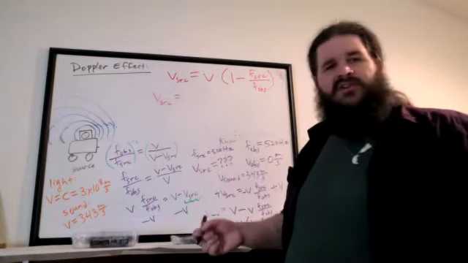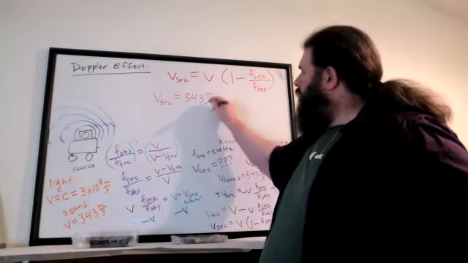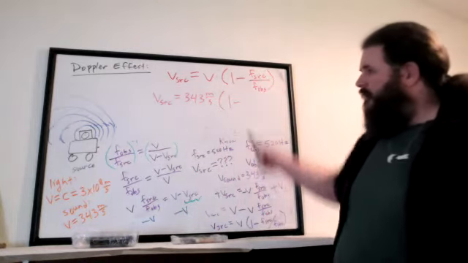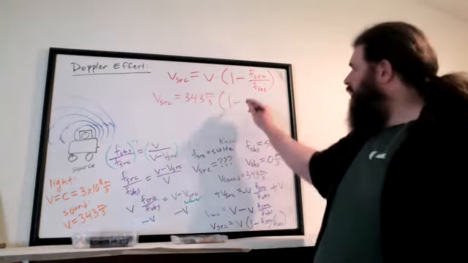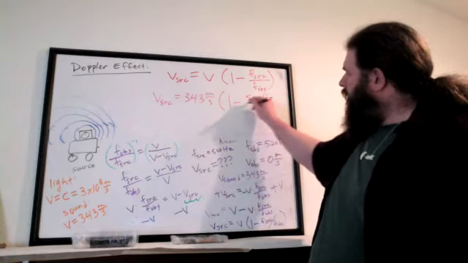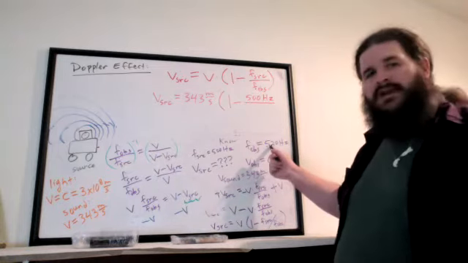Speed of sound is our usual 343 meters per second. And we have 1 minus the frequency produced by the source, that's the 500 hertz, over the frequency heard by the observer, that was the 520 hertz.